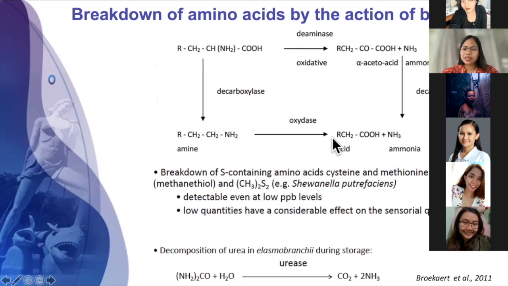Yung end product is the ammonia. So ano yung result? Ang obvious sensory manifestation for this is the odor and flavor. Of odor in particular, kasi ammoniacal odor yung magiging obvious na ma-observe natin sa products.